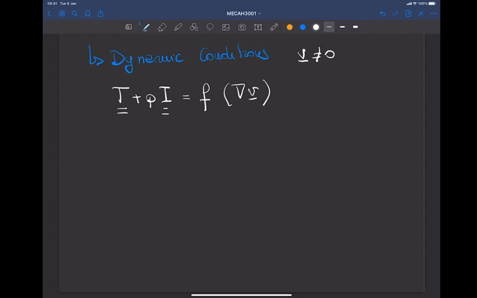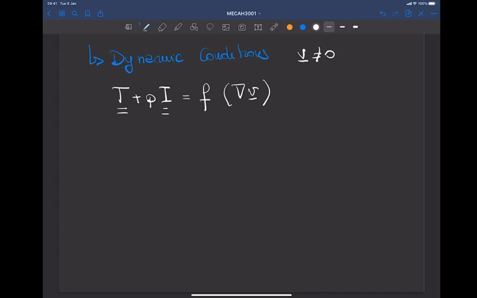Okay, so we stipulate that this tensor in dynamic conditions will be a function of the gradient of velocity. So the existence of this gradient will be responsible of the forces that will apply on the fluid elements.